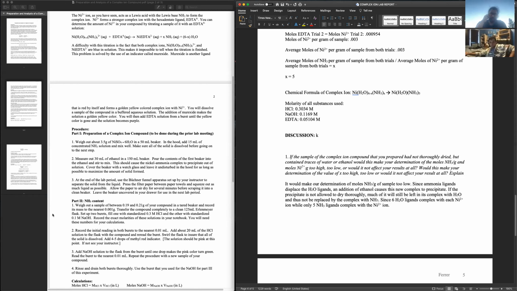I think it'll make it too low also. Okay, so the amount of nickel per gram of whatever sample would be, let's see.